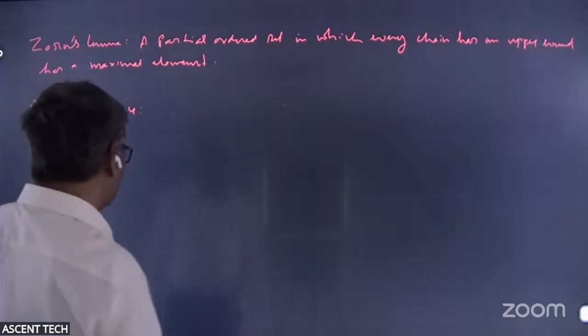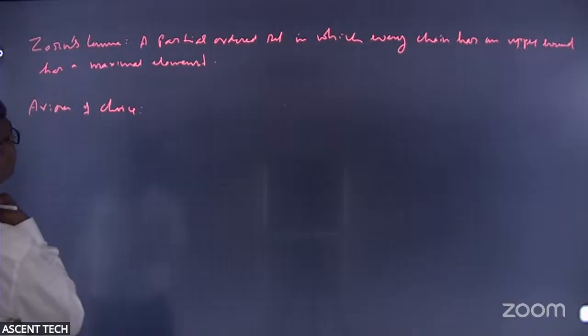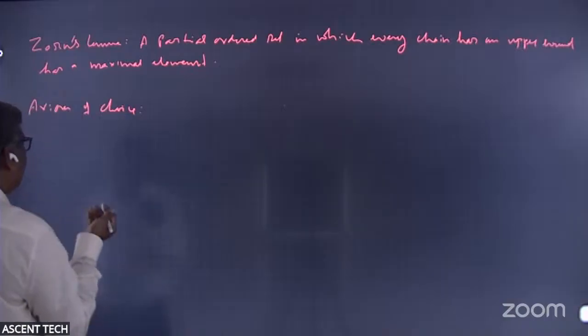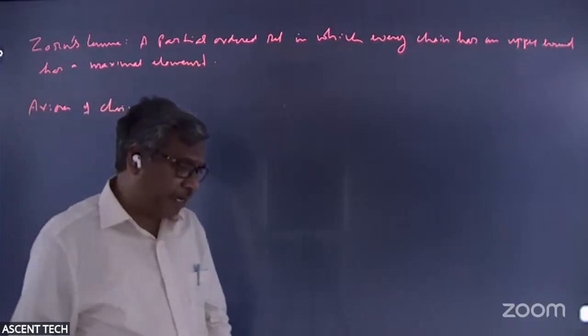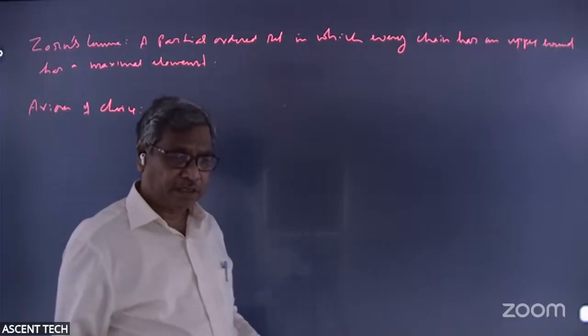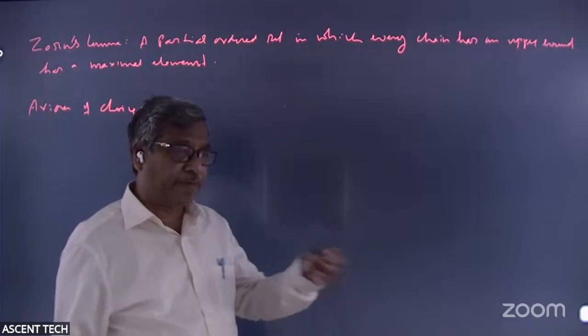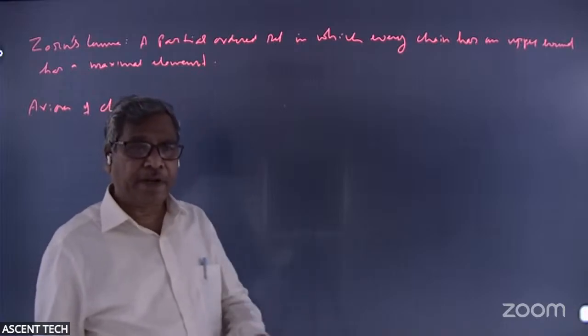What the axiom of choice basically says is that in the finite case it's very easy. If I have two non-empty sets, I can pick one element from the first set and one element from the second set, so I have a pair of elements.